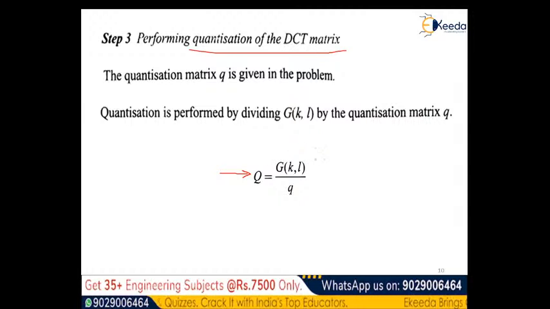So the outcome of the earlier step, that is the computation of the discrete cosine transform coefficients denoted in matrix form by capital G of k comma l, will be divided by the quantization matrix from the problem statement. So we have to take this particular matrix small q and put it into the denominator, whereas the result of the previous step has to be put into the numerator.